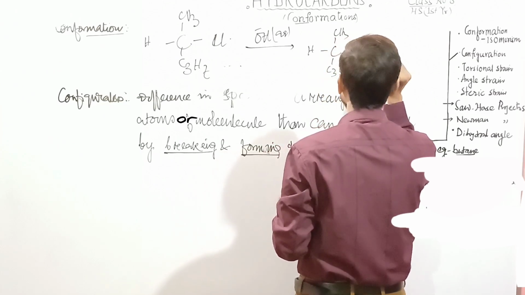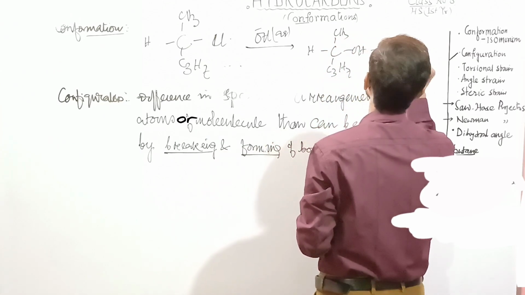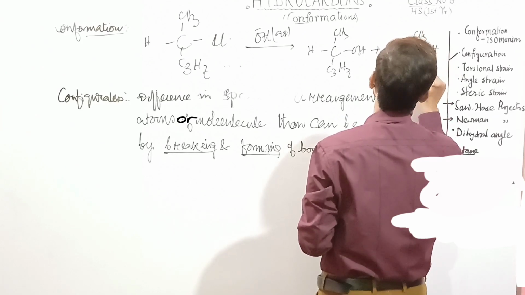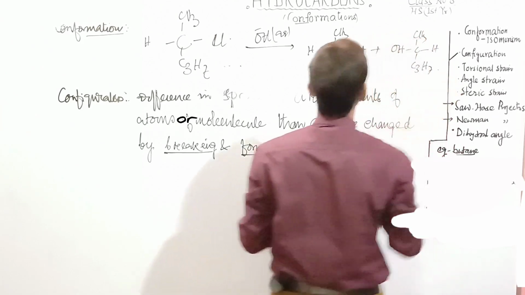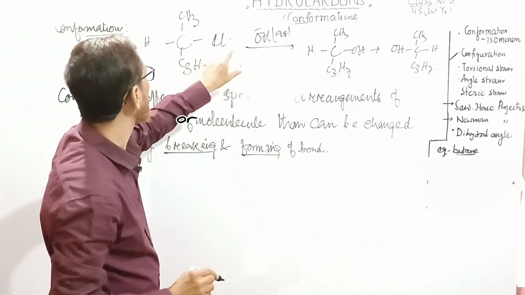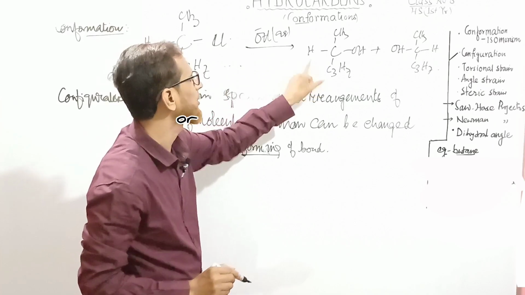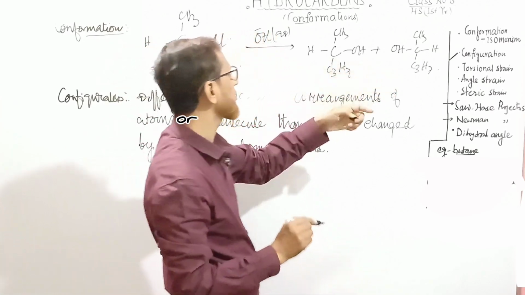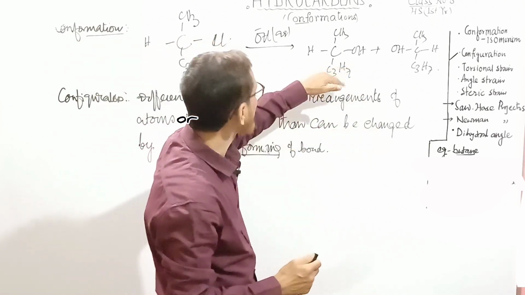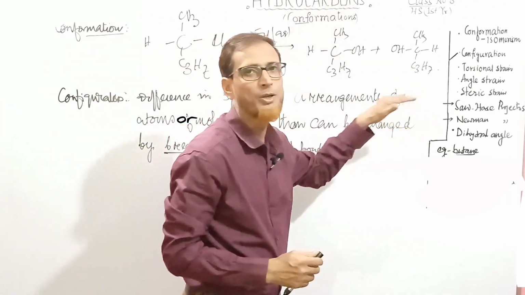OH on one side and another with OH to the left, with C3H7. It is not a single answer where you just replace Cl by OH; you will get a mixture of these. Once OH is towards right and the other OH is towards left, or OH is above and the other OH is below.